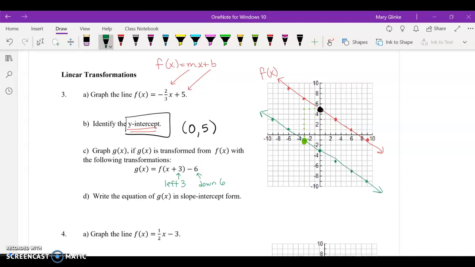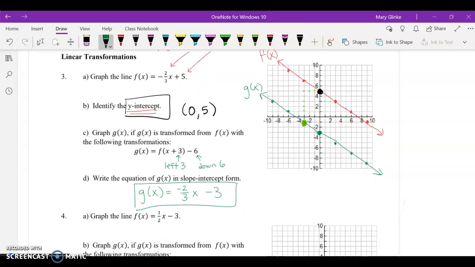We want to call this equation g of x, because g of x moved f of x left 3 and down 6. So to write the equation of g of x, we're going to take a look at our graph. We can see our slope has not changed. It's negative 2/3. But our y-intercept is different. Our new y-intercept is down here at negative 3. So this would be the equation of g of x.